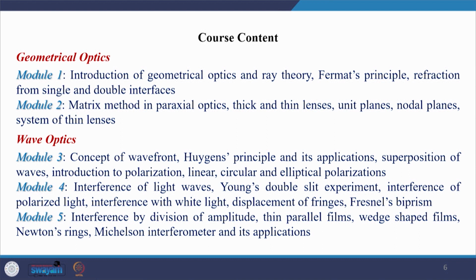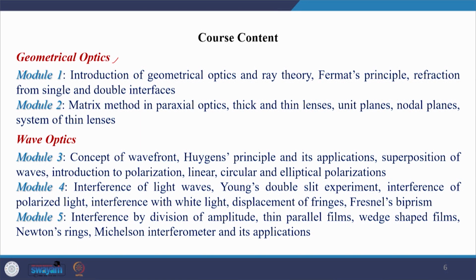As I said before, the course is divided in two parts, geometrical optics and wave optics, and in total there are 12 modules. This is a 12-week long course, and therefore there are 12 modules. In geometrical optics, we have 2 modules, while in wave optics, we have 10 modules. In the first module, I will introduce you to geometrical optics and ray theory.